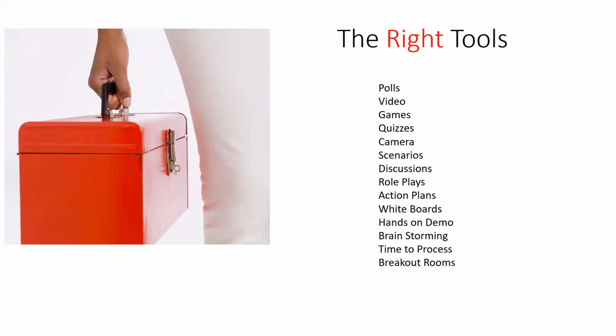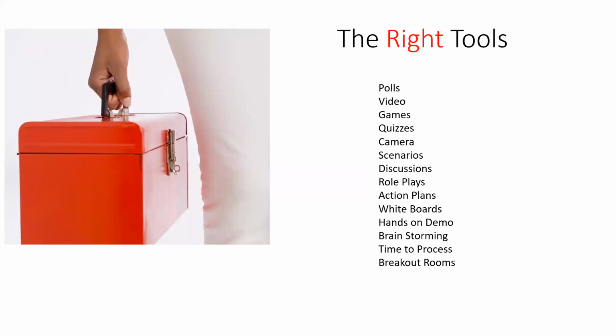Like, this is where we focus. The other four things, most of the time, even if we think about it, we just don't do anything about it. But we do, however, almost 100% of the time spend 99.99999% of our energy figuring out which poll or video or game we're going to use, how we're going to organize our breakout rooms, how much time we are going to give them to process.